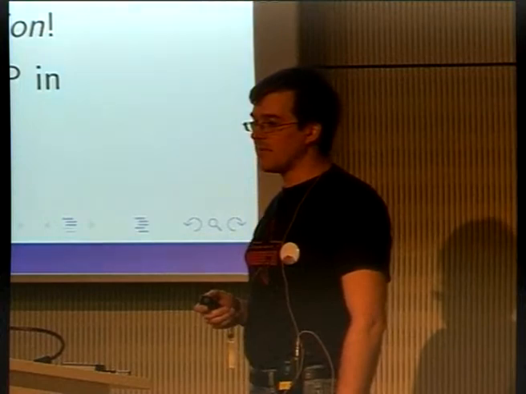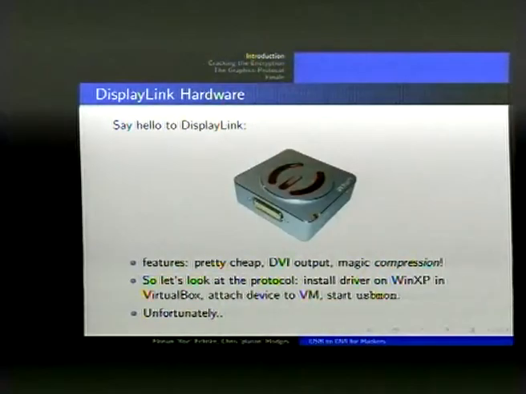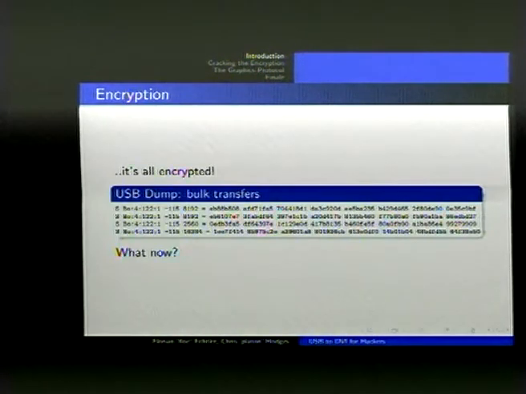So we decided to just look how these things work and installed the Windows driver in a virtual machine on Windows XP, attached the device and listened with USBmon on the host computer. Unfortunately, as you might see from this excerpt from the dump, it's pretty much encrypted.